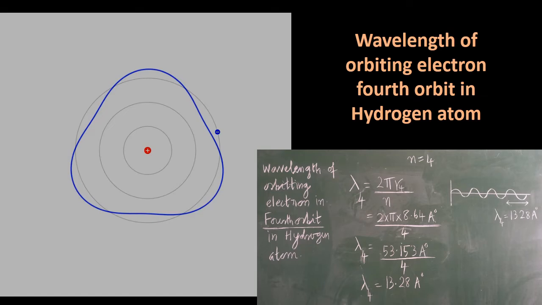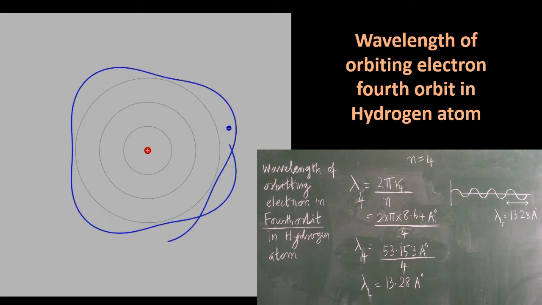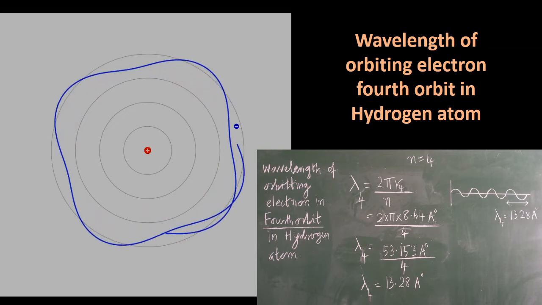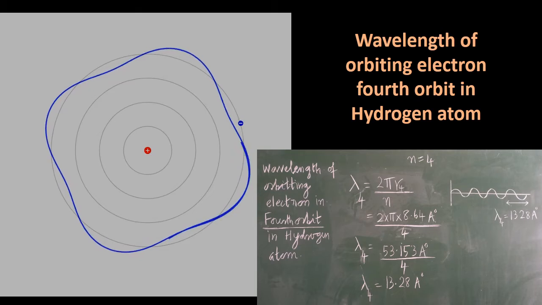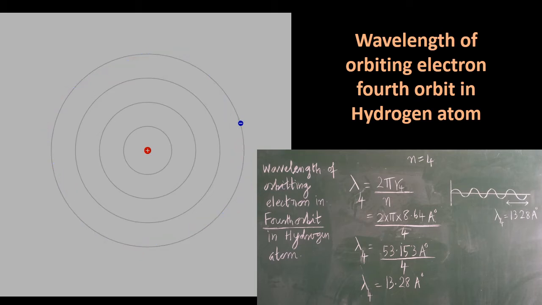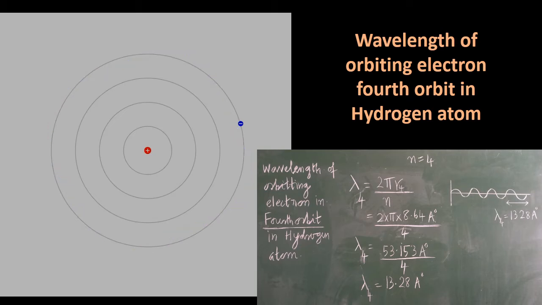Now I am going to move the electron from the third orbit to the fourth orbit. Look at how the wave pattern changes, how the wavelength changes. Now we will check whether it is forming the wave pattern or not. Still the wave pattern is not properly formed. It shows that the electron is not properly placed.